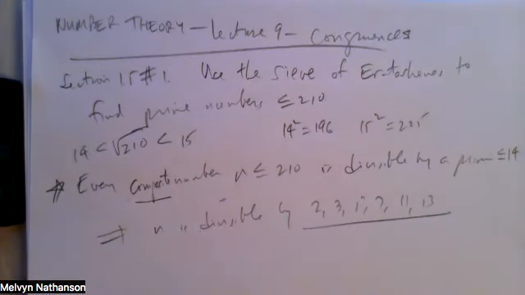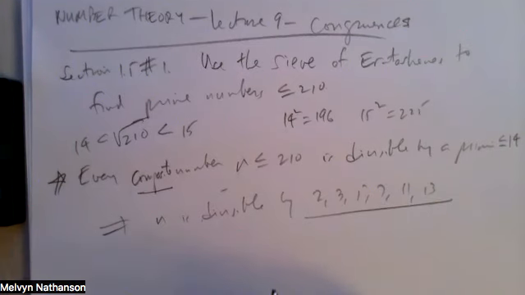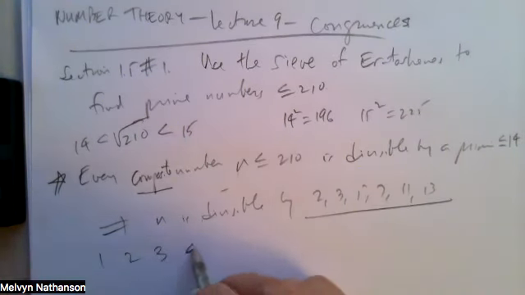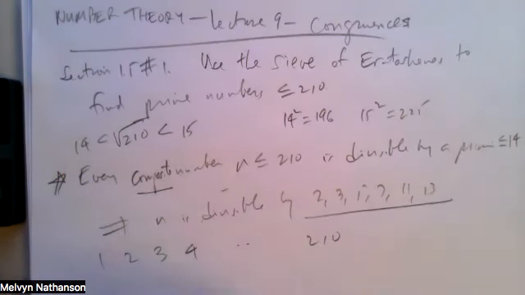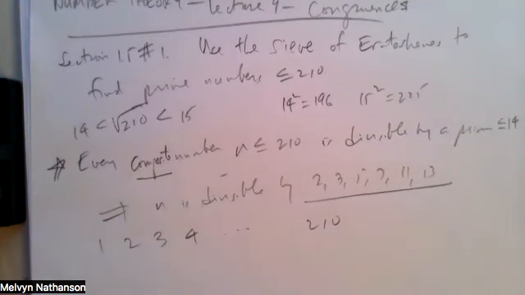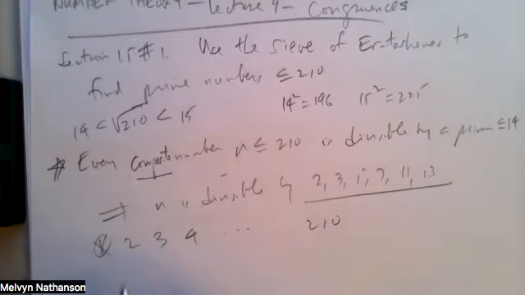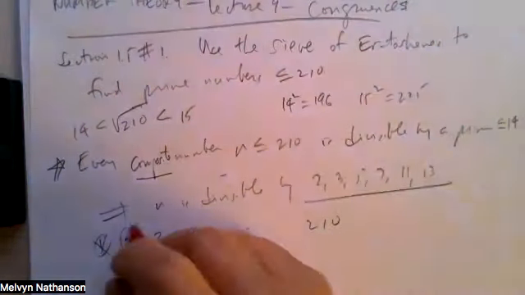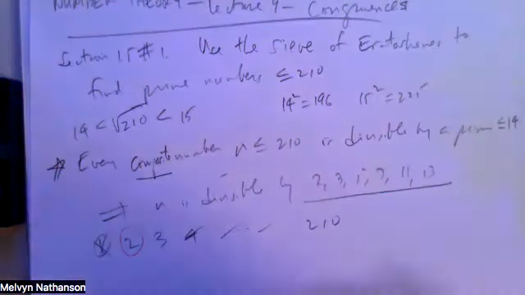So to find all the primes up to 210, you literally write down every number up to 210. That takes 2 or 3 minutes. All right, 1 you can cross out. Then the first number you see is 2. 2 is a prime, but then you cross out all the multiples of 2.